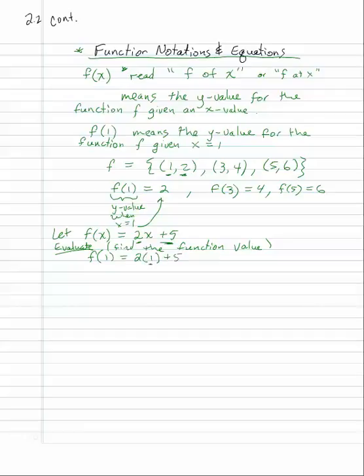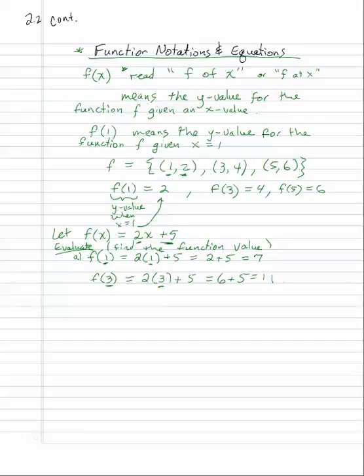So you take the x out and replace it with 1, and then do the math. That's going to be 2 plus 5, which is 7. So f of 3 would be 2, take the x out, put in whatever's inside the parentheses for the x. So 2 times 3. There you go.